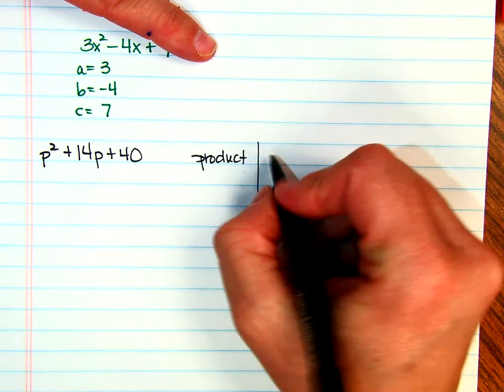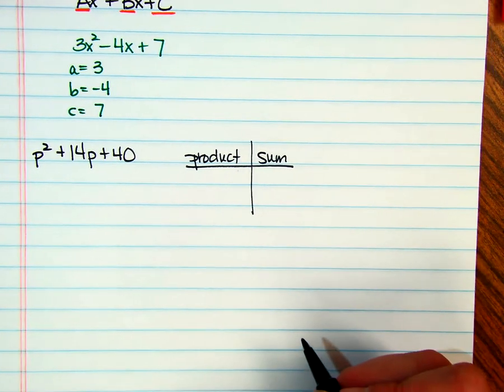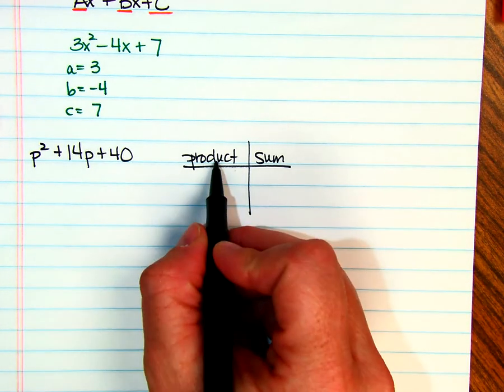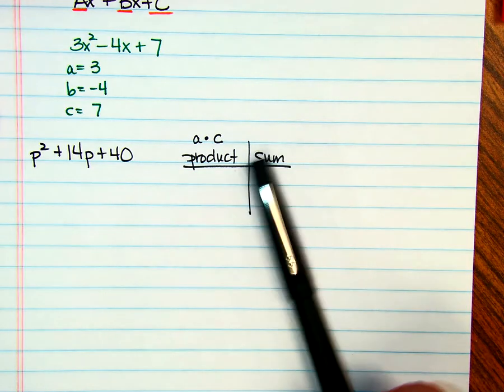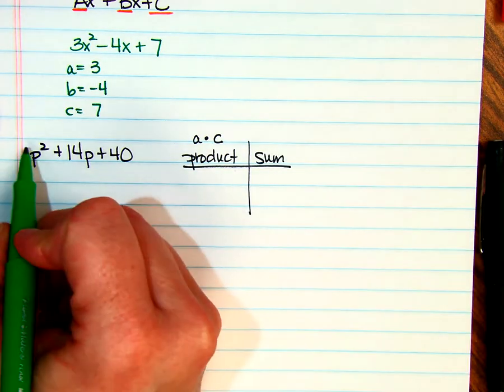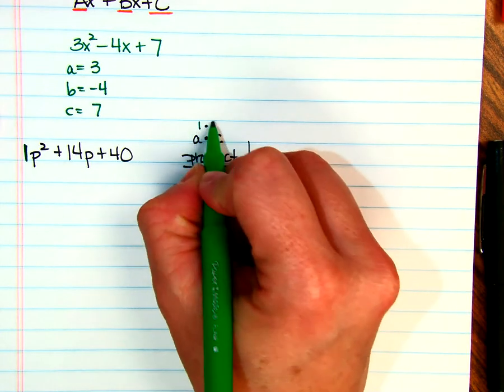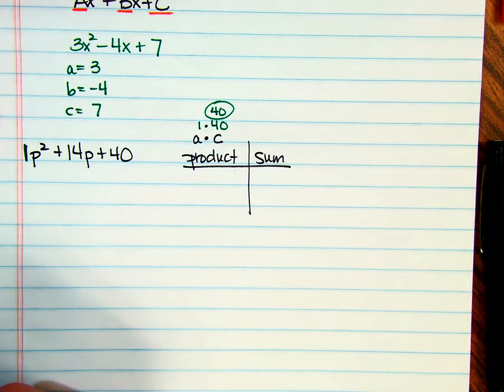Now eventually you might not have to use this table, but for right now we're going to use it as a tool to help us better understand what's going on. The product comes from a times c. So in this case, my a is 1, so it is 1 times 40, which gives me 40.